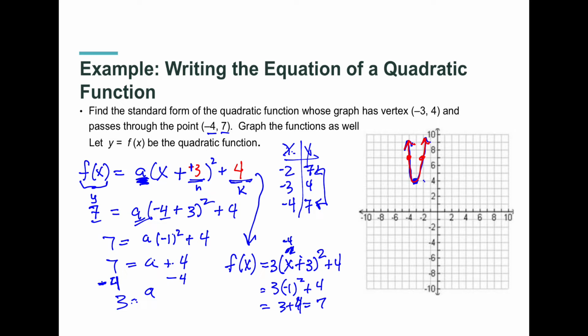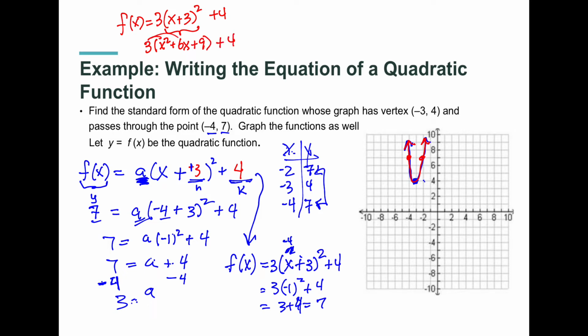For example, let me just take this function here. We have f of x equal to 3 times (x plus 3) squared plus 4. If I actually carry out the multiplications here, so for example, take x plus 3 and square it, that's (x plus 3) times (x plus 3), so that gives us x squared plus 6x plus 9.